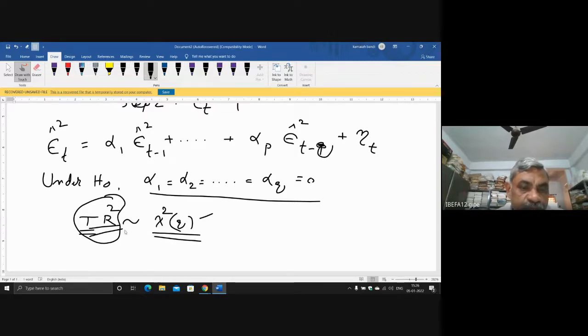So this is the test statistic here. Depending on the calculated value and the tabular value, you confirm the test procedure. It's very simple and also kind of routine.